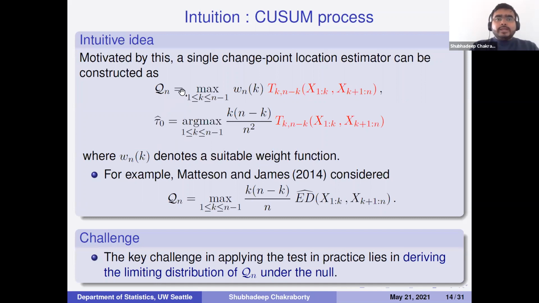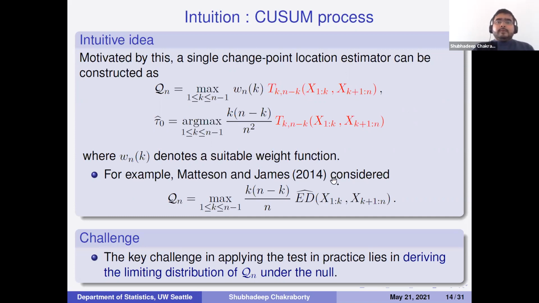So how we can do that is, whichever k maximizes this, we look at the value of Q_n and whether Q_n exceeds a certain threshold. So how do we get that threshold? For that we need to find the limiting distribution of Q_n, which may not be trivial, and it very much depends on a suitable choice of a weight function.